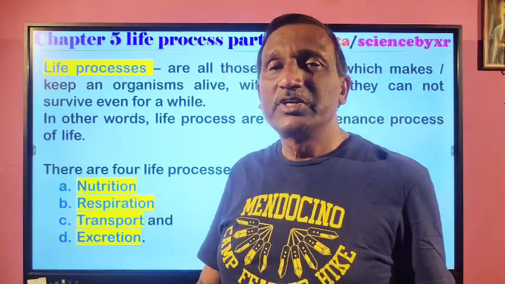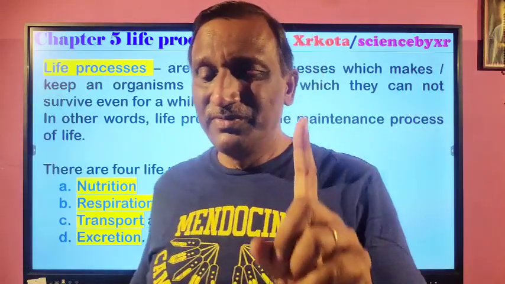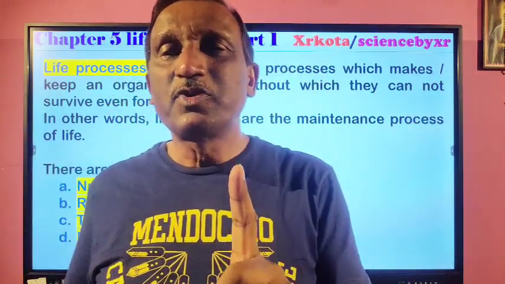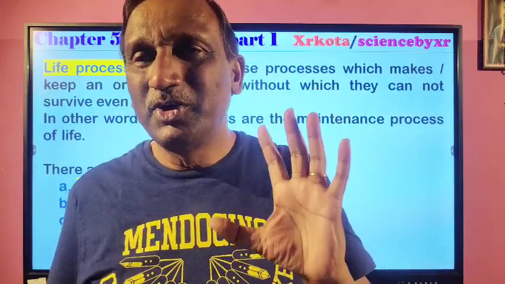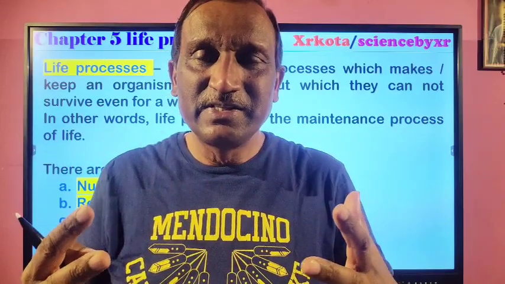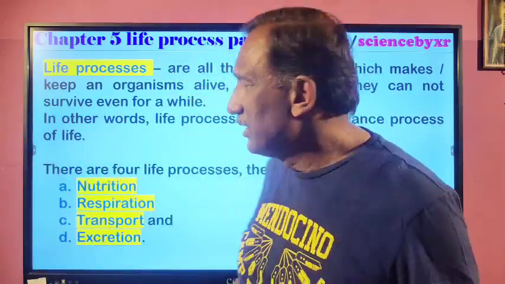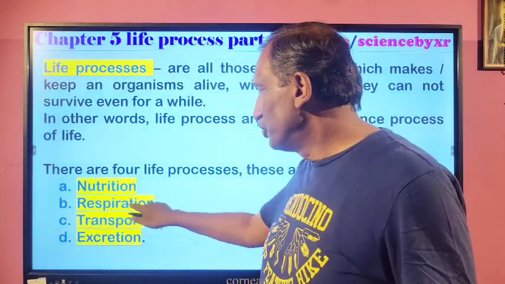So nutrition is continuous. Now, to understand all these 4 life processes, we should consider that the processes are actually going on in the cells, not in the body. Body is the outcome, or the final result, of the cells. But all these 4 processes are continuously going on in the cells.